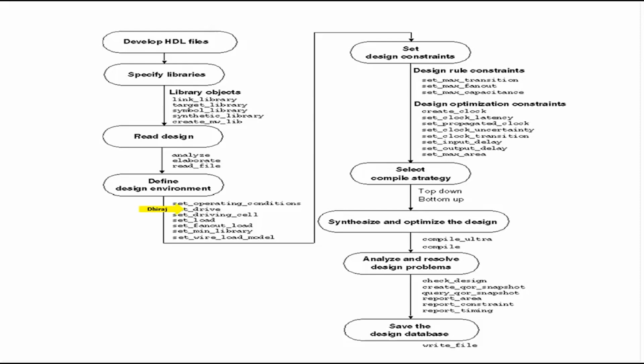So now that our design is ready, our operating conditions and environment conditions are defined. Now we need to set our performance goals. This group of goals is collectively called design constraints. Try and understand the difference between the design environment and design constraints.